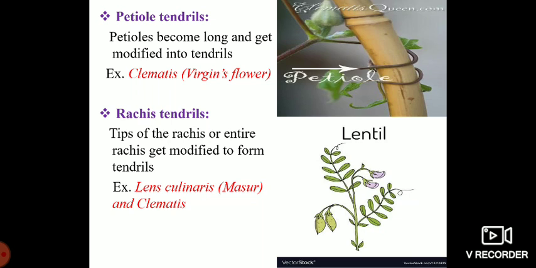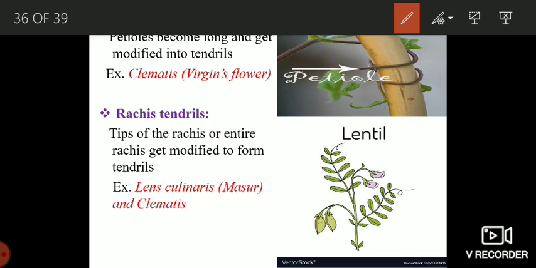In this type, the petiole of the leaf becomes long and gets modified to form a tendril. Here you can see the petiole has elongated and coiled, resulting in the formation of tendril. Example is clematis, which is also known as Virgin's bower.